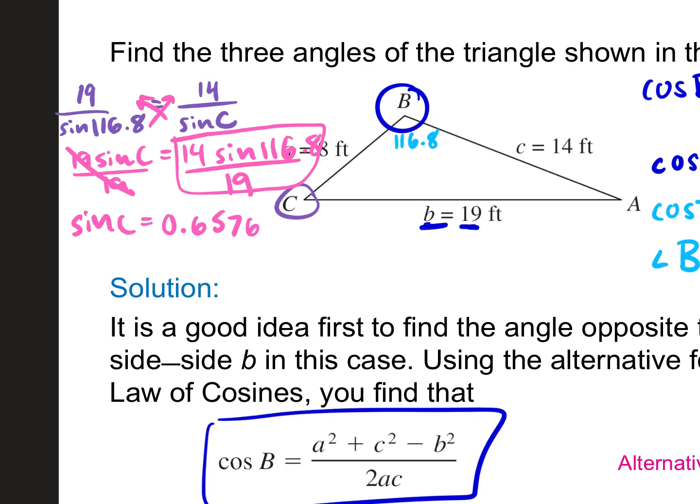What would I do next? Do the inverse. So I would say the inverse sine of this number here. So I would get angle C is equal to 41.1 degrees.